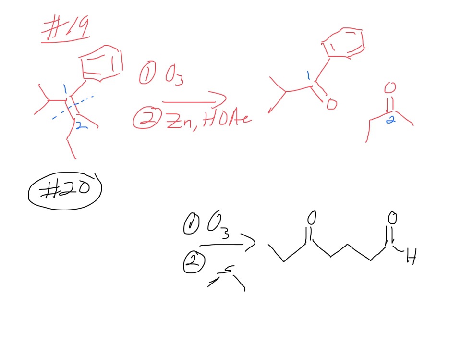So let's number the carbons like we should always do. 1, 2, 3, 4, 5, 6, 7. So in this case, which 2 carbons formed a double bond before? 3 and 7, right? So let's just draw 3 and 7.